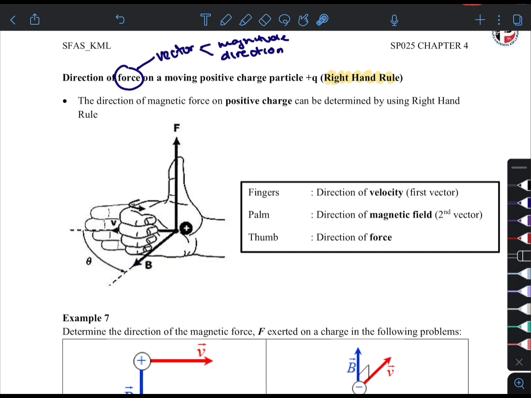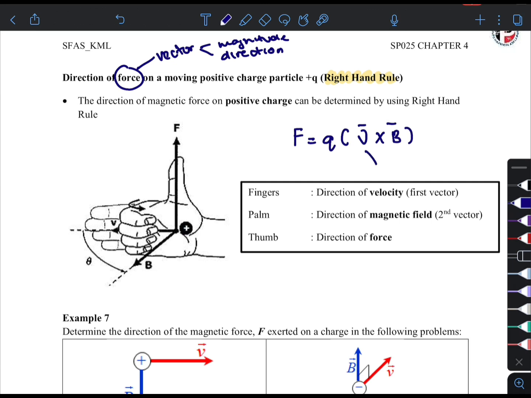You are going to separate your hand into 3 different parts: the 4 fingers, the palm, tapak tangan kamu, and also the thumb. The fingers are going to represent the velocity. According to the equation, F is equal to QV cross B.